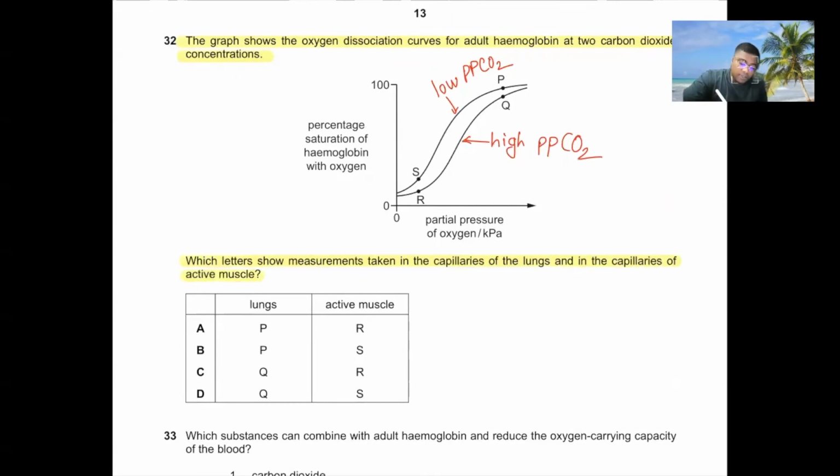In active muscle, definitely it's going to be R, because there will be high partial pressure of carbon dioxide in active muscle. So R is the correct answer for active muscle. All right, and in the lungs there will be low partial pressure of carbon dioxide because air contains less carbon dioxide. So that will be P. So A is the correct answer.